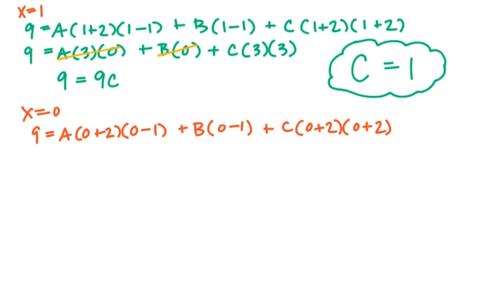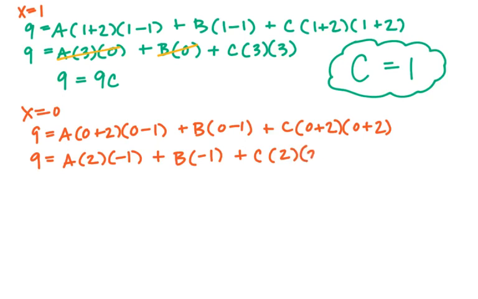So I've done the exact same thing, and this simplifies here. I end up with 9 equals A times 2 times -1 plus B times -1 plus C times 2 times 2, or 9 equals -2A minus B plus 4C.